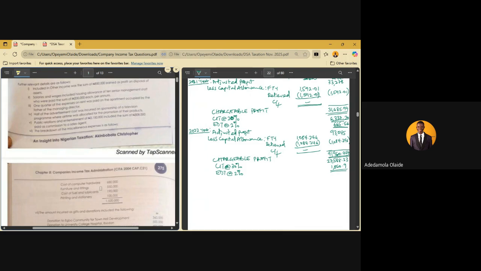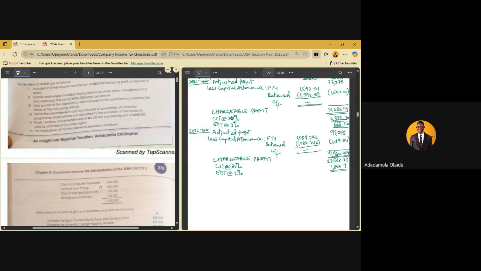Included in other income was the sum of 850,000 earned as profit on disposal of assets. Salaries and wages included housing allowance of 10 senior management staff who were paid a sum of 200,000 each per annum. One quarter of the expenses on rent was paid on the apartment occupied by the father of the managing director.